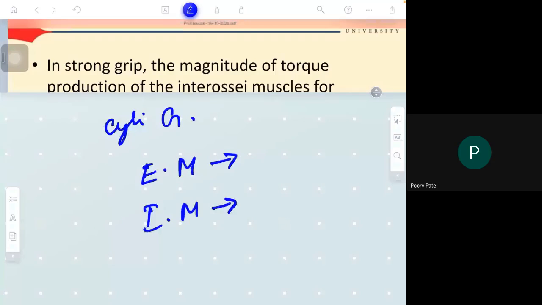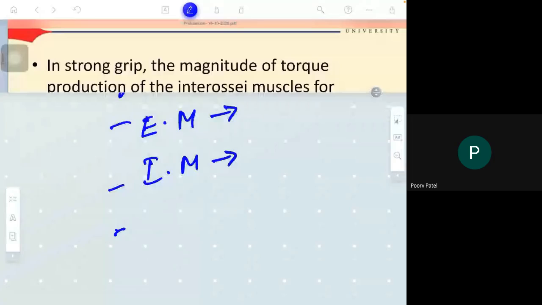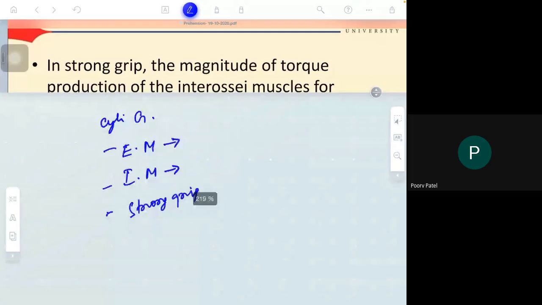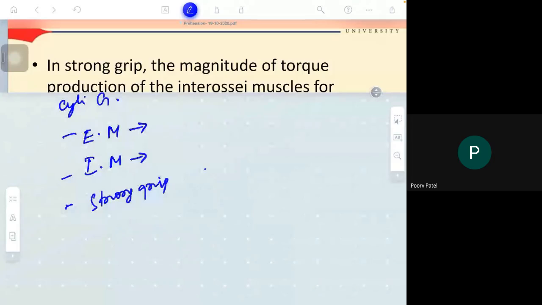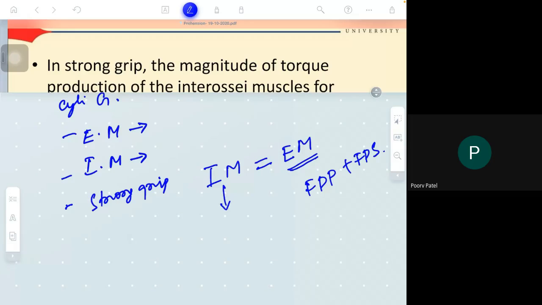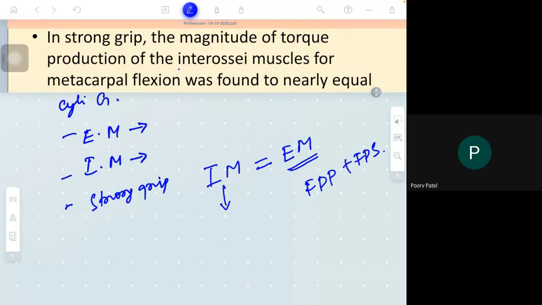And the third point we discussed, in strong grip, intrinsic muscle activity, torque, is equal to extrinsic muscle activity. What is extrinsic muscle? FDP plus FDS. And what is intrinsic muscle? Interossei muscle. Clear? What is the function of interossei muscle?